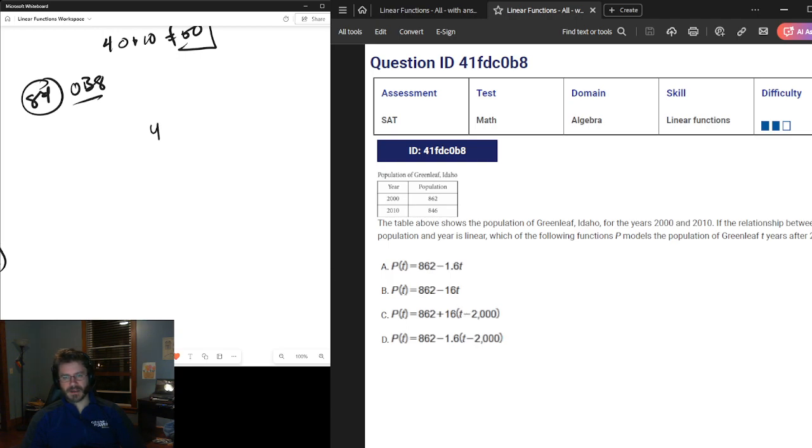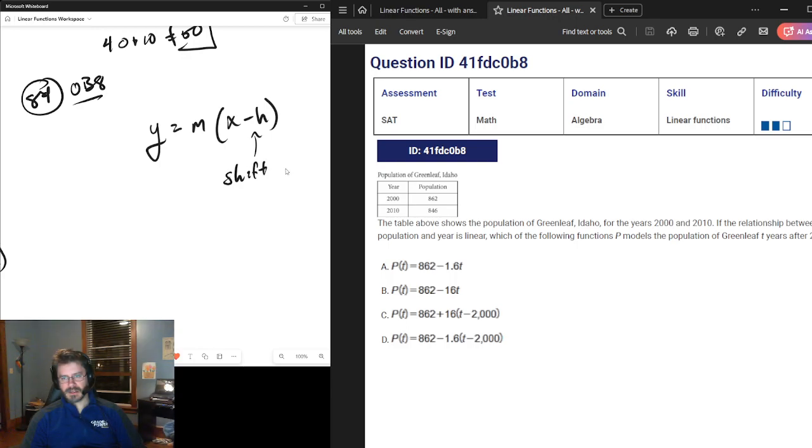So if you have y equals m, and then x minus h here, we should understand that this is going to be a shift of h. And if it's plus h, it goes left, and minus goes right. So these are shifting right 2000.